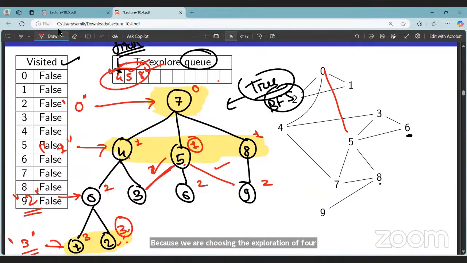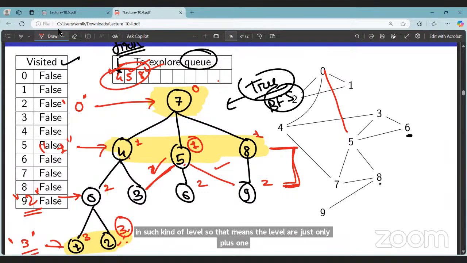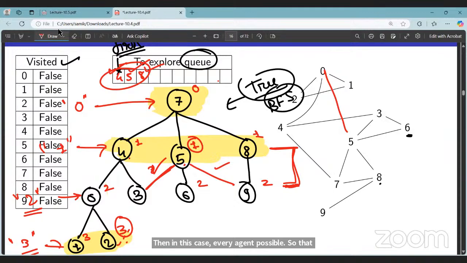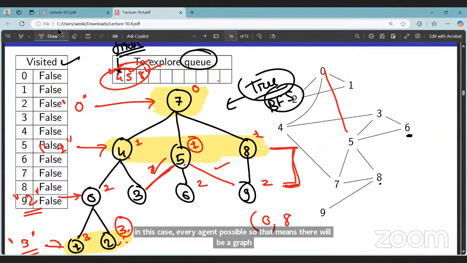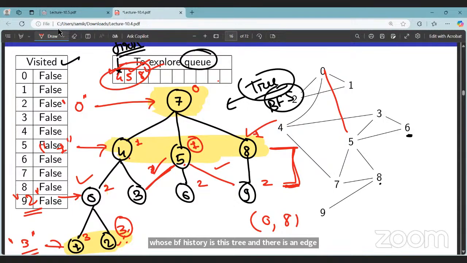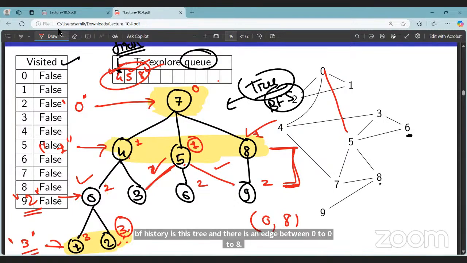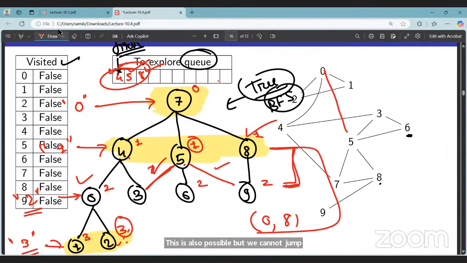So just think about it. If the vertices are situated in levels that differ by only +1, then in this case every edge is possible. So there will be a graph whose BFS tree is this tree, and there is an edge between 0 and 8. This is also possible, but we cannot jump from level number 1 to level number 3.